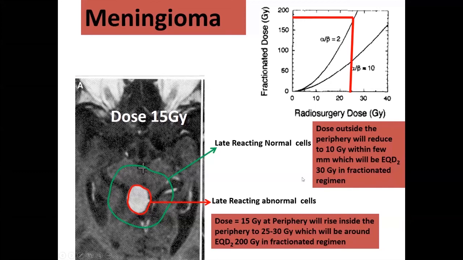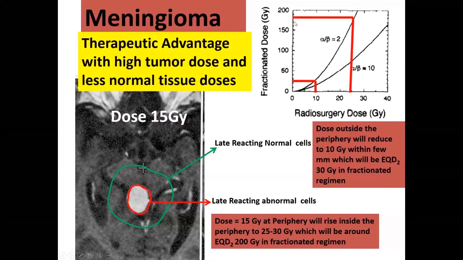So naturally, this 15 gray will reduce, say, to 10 gray within a few millimeters. Now again, come back to this graph, 10 gray, then EQD2 is just 25 or 30 gray. So with such a sharp gradient, normal tissue is getting just 30 gray EQD2 while the tumor is getting more than 150 or almost 200 EQD2. So that ultimately leads to therapeutic advantage.